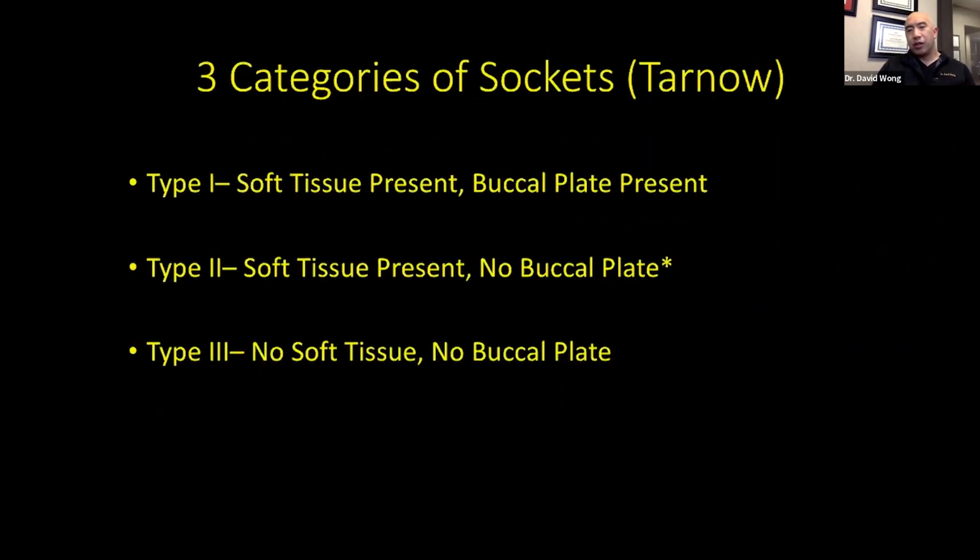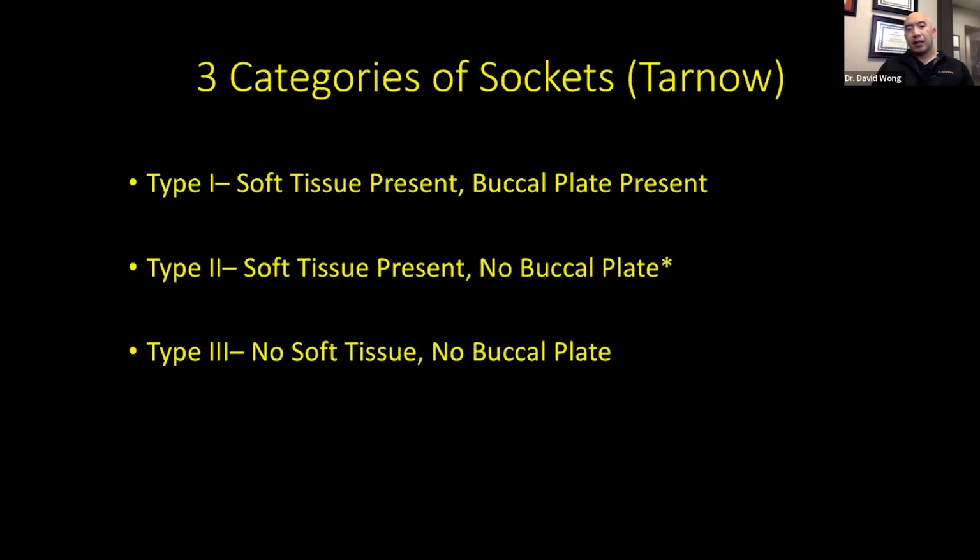So I want to get you acquainted with how we categorize sockets, not for extractions and sockets. That's a different presentation. We're talking about sockets when we're considering immediate implants. There's 3 categories that Dr. Dennis Tarnow talks about. Type 1 is where you have both bone and gum tissue present, and they're at normal heights.